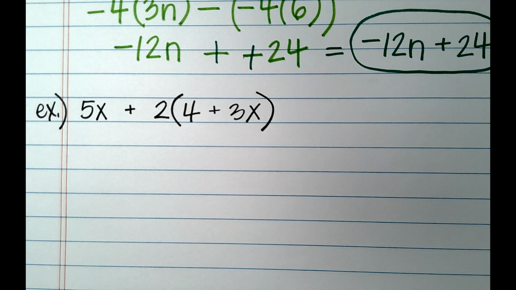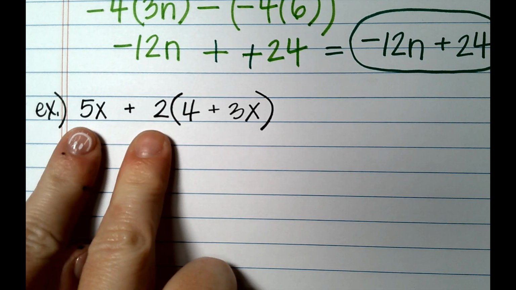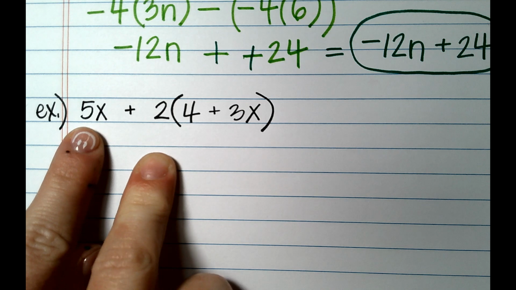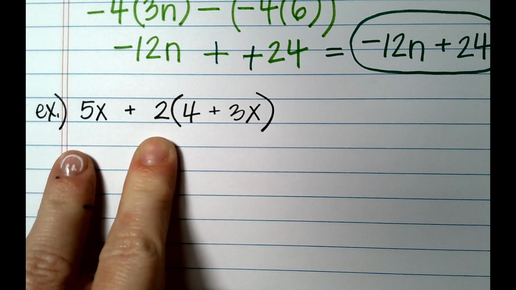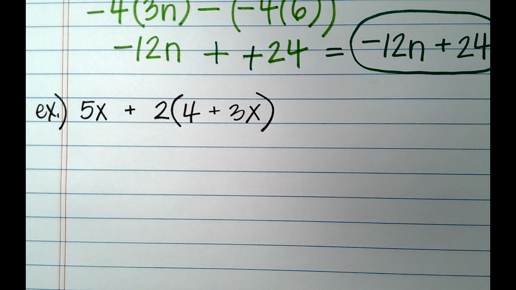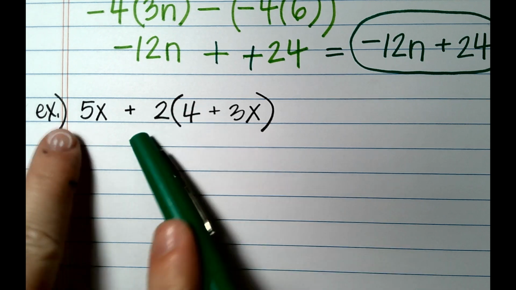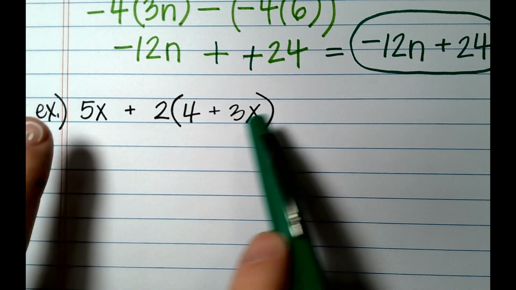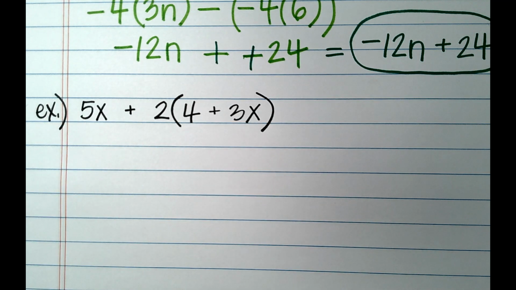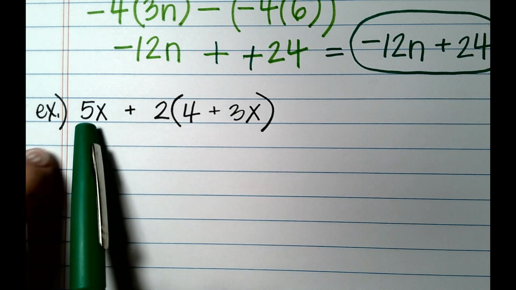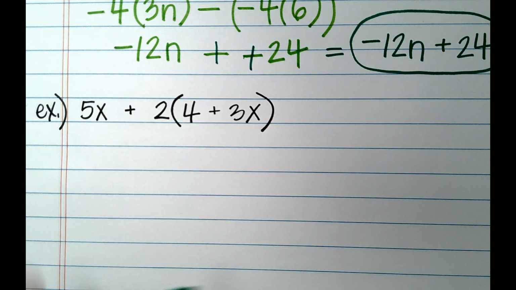Maybe the 2 times 4. Okay, so let's talk about it. Are we going to multiply this 5x, or are we going to be multiplying the 2? The 2 multiplied by the 4 plus 3x. Okay, this is a great part of the lesson. Yes, you're correct. Now, this is another thing that I see every single time I give this quiz. Somebody's going to take that 5 times everything.